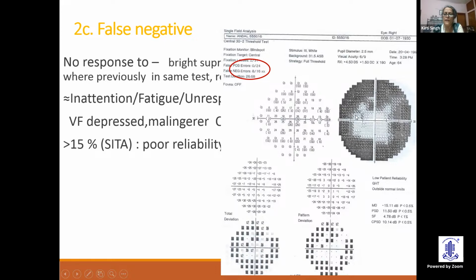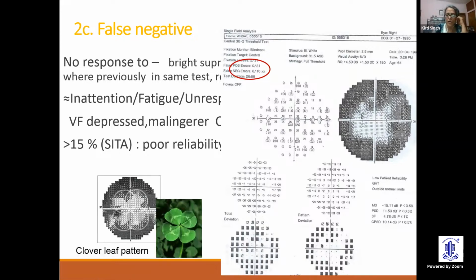Remember when I told you in the initial period, the machine does the foveal threshold first, and then it checks the initialization in these quadrants. After that, let's say the patient snoozed off or went to sleep, and the machine has tested these areas and they are coming as dark. This is only when the patient has fatigue. And this is typically called a clover leaf pattern because it looks like a 4-leaf clover.